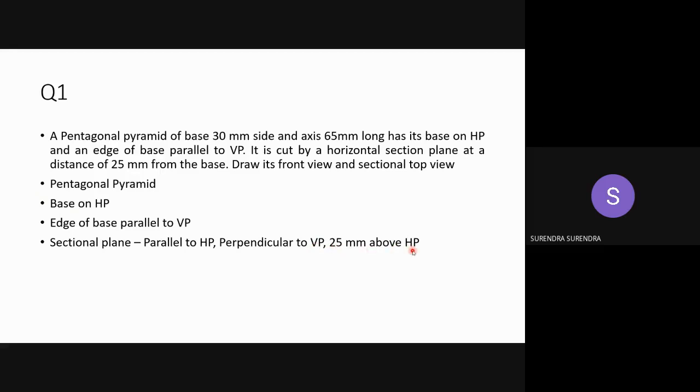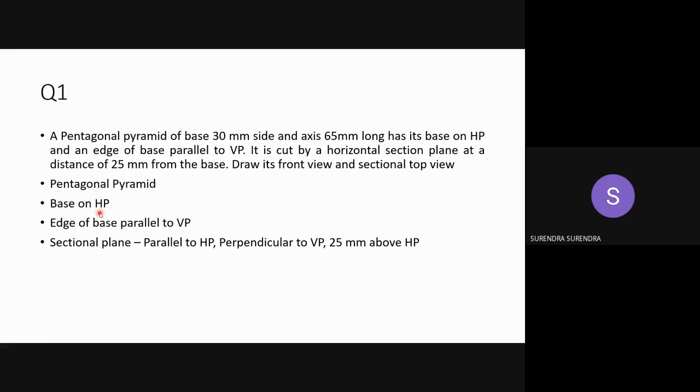As it is perpendicular to VP, in front view you can see the section plane as a line. So in front view you can represent the section plane as a line. Next we'll go for the top view representation. Similarly, coming to the component, it is a pentagonal pyramid with base on HP.